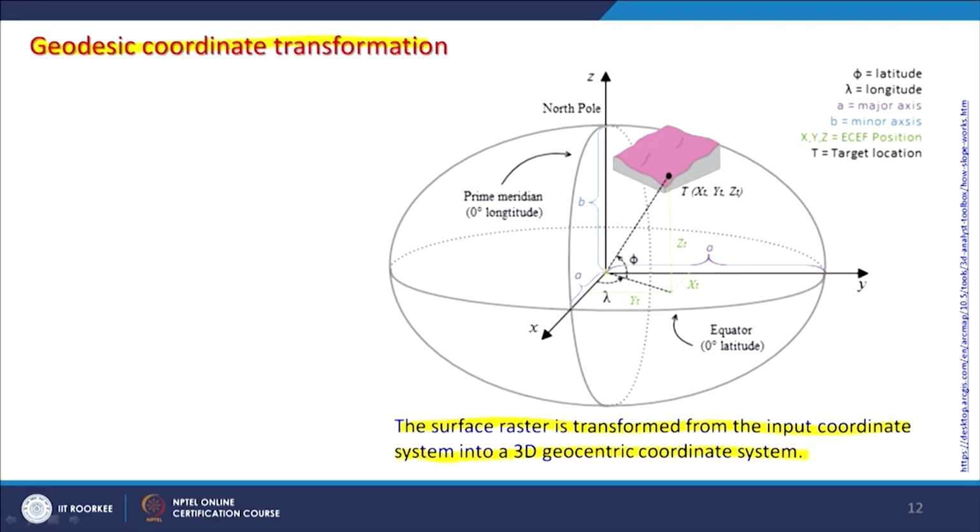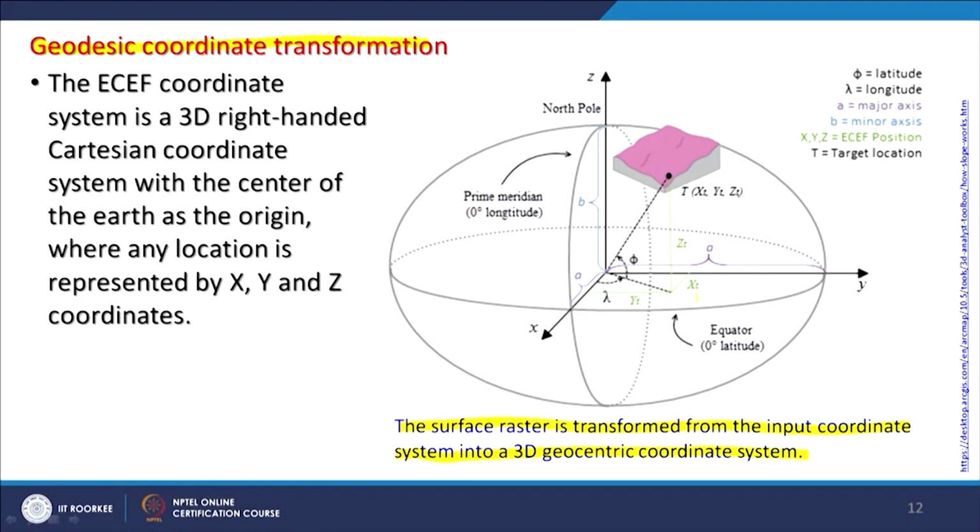So, whatever input comes through in 2D will go into 3D. The ECEF coordinate system is a 3D right-handed Cartesian coordinate system. The center of the earth is the origin, where any location is represented by x, y and z coordinates. In 2D you have only x, y, but here there is also a z coordinate.